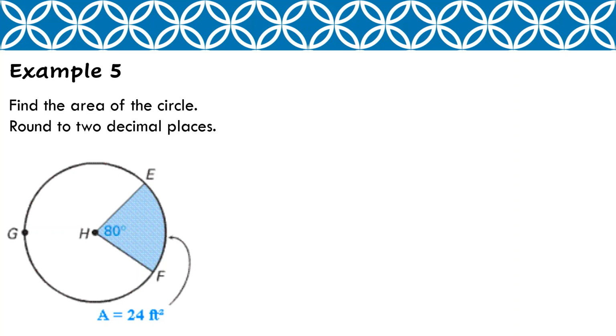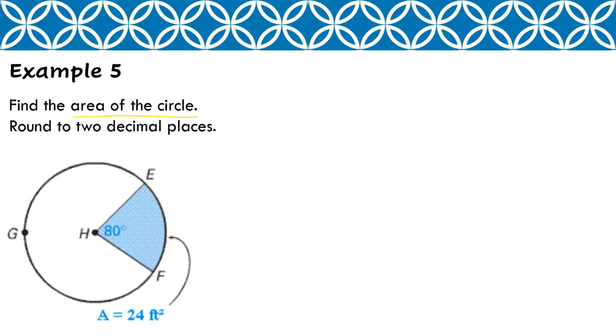Now we're working a little backwards, finding the area of the circle. This might be when we want to use the proportion so that we can cross multiply and divide and solve for what we are looking for. Again, in this case, the area of the circle.